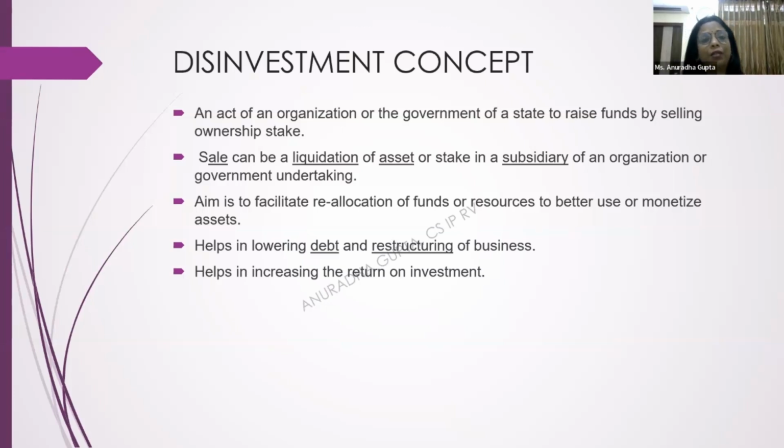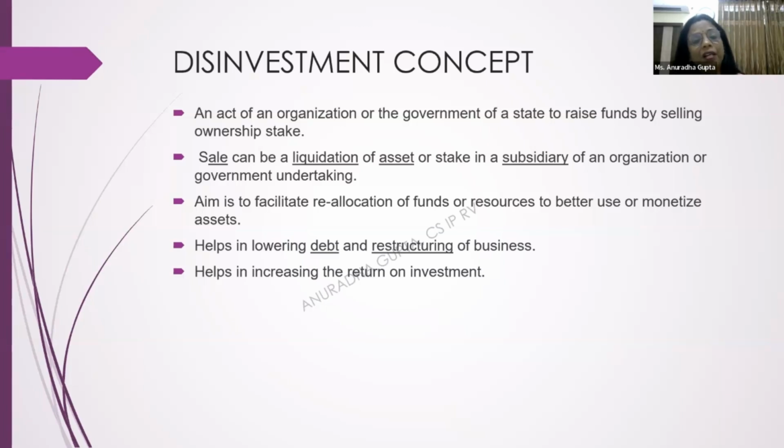Now, when we talk about the disinvestment policy, what basically was the core objective of the disinvestment policy? This disinvestment policy for India was initially created in the year 2001, then a revised one came in the year 2003, right? And the intent was that the government should not get involved in those sectors which can actually be efficiently managed by the private sector.